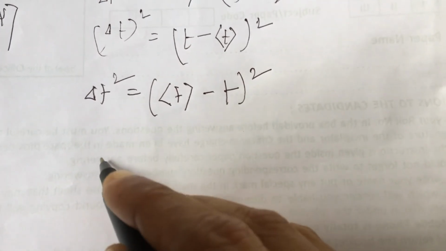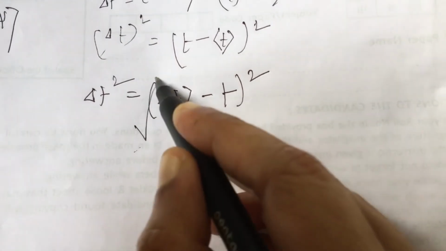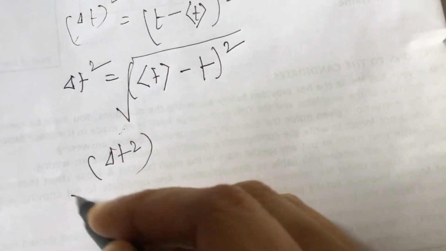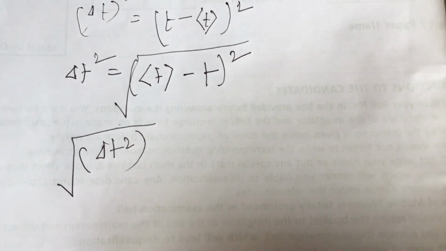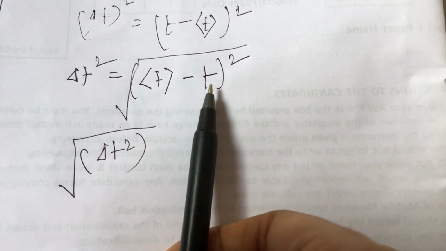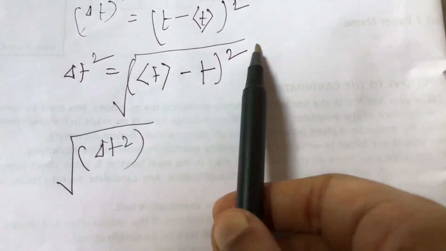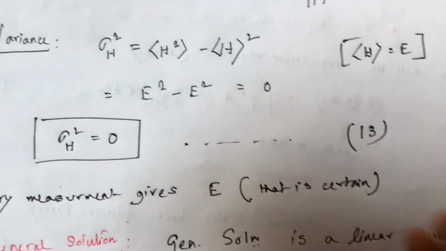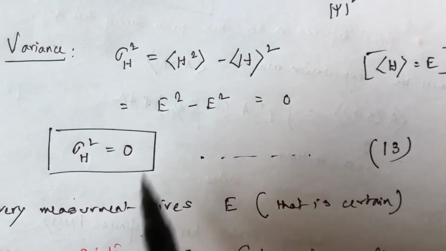Now the variance is, if I take the square root of this entire quantity, which means what I expect and what I get, squared, and the root of this square. This is often termed the standard deviation also.